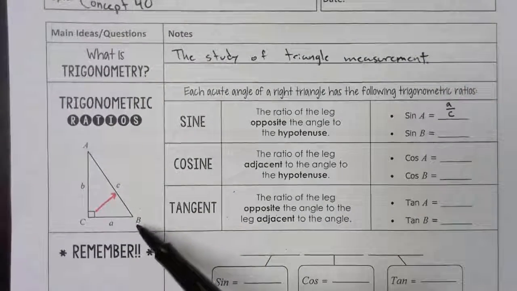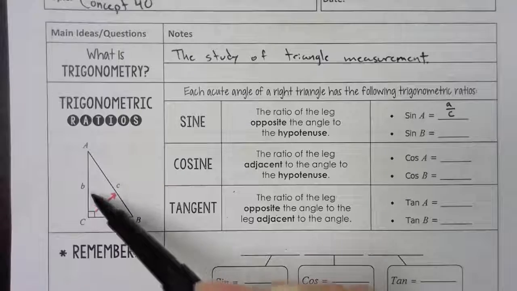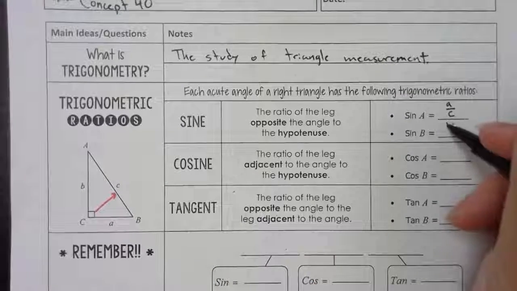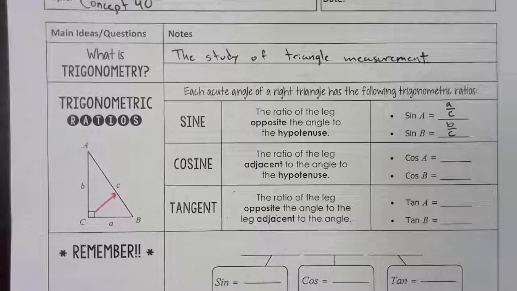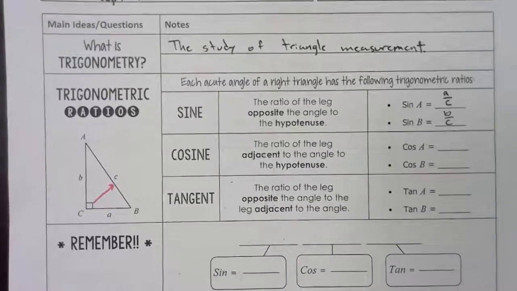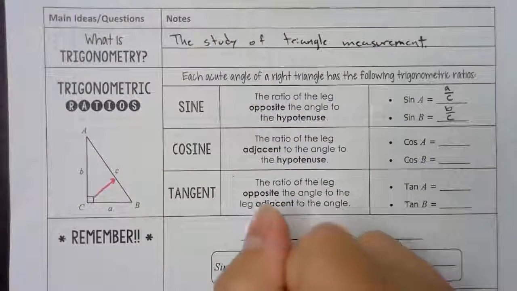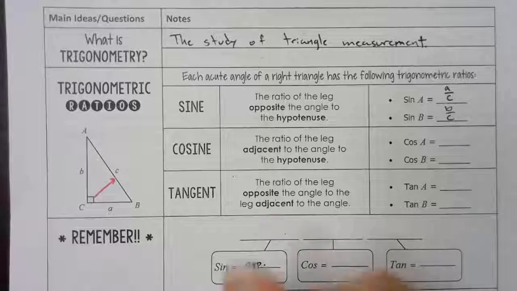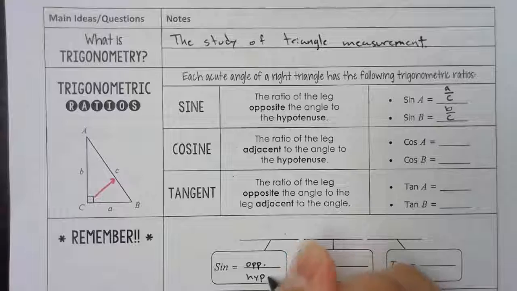If I'm looking at it from the perspective of angle B, I have little b over hypotenuse c. So opposite over hypotenuse. You can abbreviate opposite over hypotenuse.